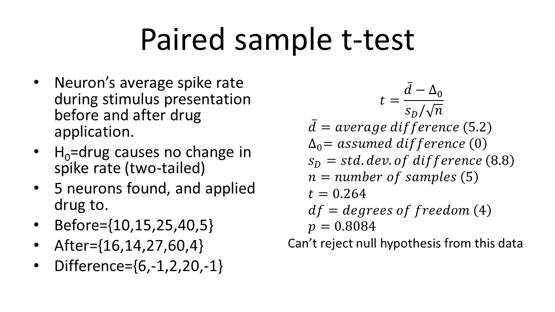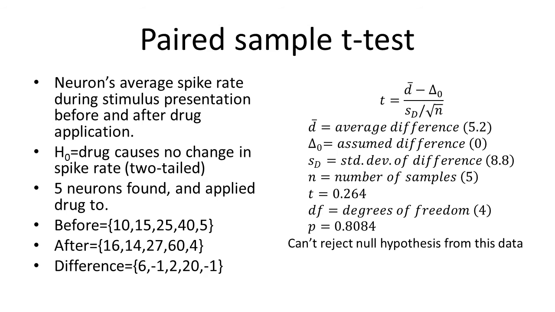And let's assume a two-tailed test. And let's say you found 5 neurons that you applied this drug to. So before, you have the spike rate 10, 15, 25, 45. And then for those same neurons going in order, afterwards you have 16, 14, 27, 6, 4. So the first thing you do is you just take the difference between them.